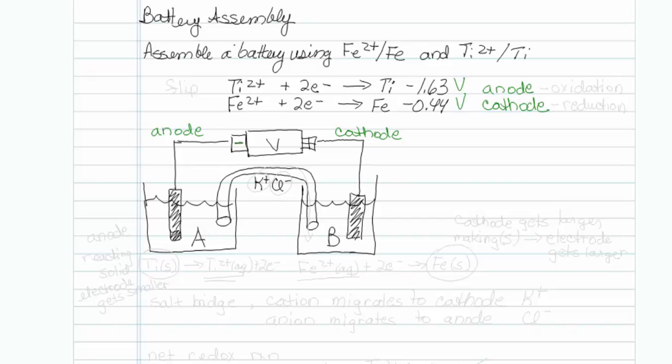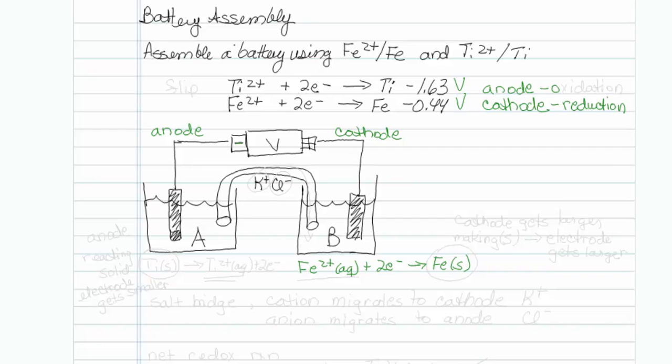So let me write underneath each compartment what's occurring. Reduction occurs in the cathode. So my Fe2+ aqueous plus 2 electrons going to Fe solid is perfect. That's what's going on in the cathode.